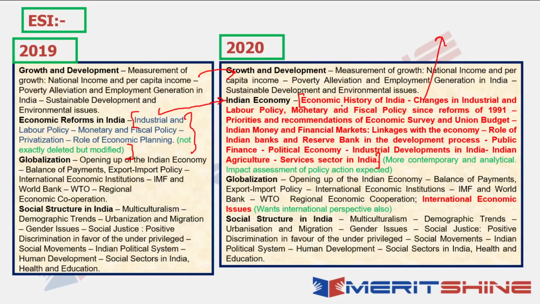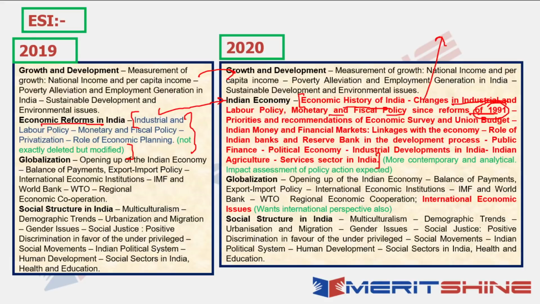For example, Indian economy. Economic history of India, changes in industrial and labor policy, monetary and fiscal policy since reforms of 1991, right? Now if you look at it, if you have studied economic reforms of India, would you have left the policy reforms since 1991?